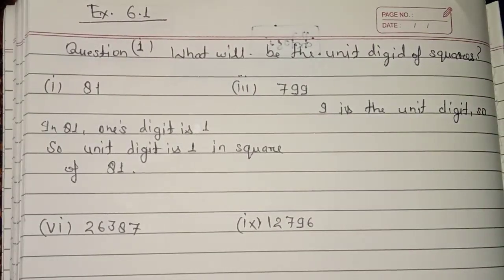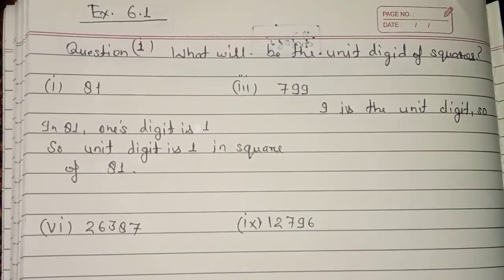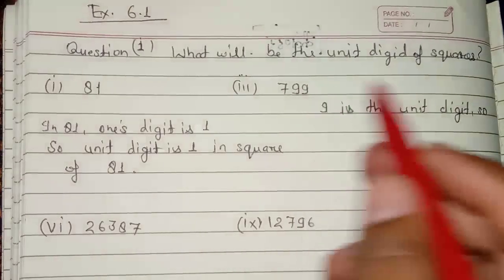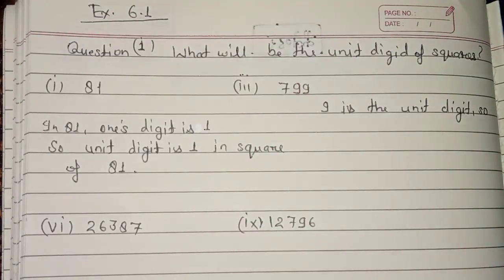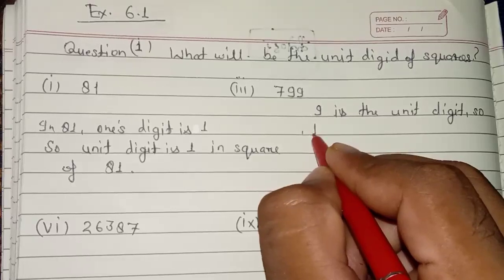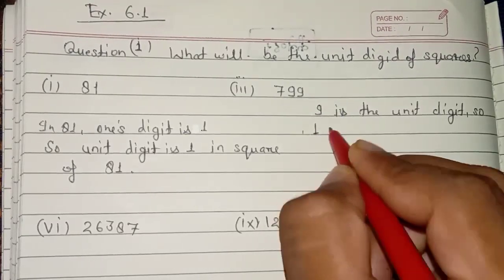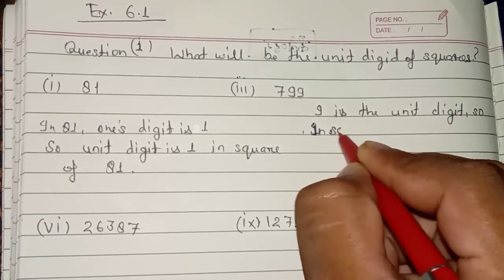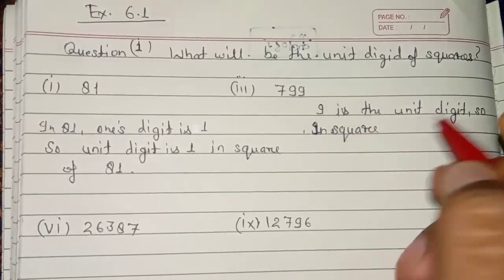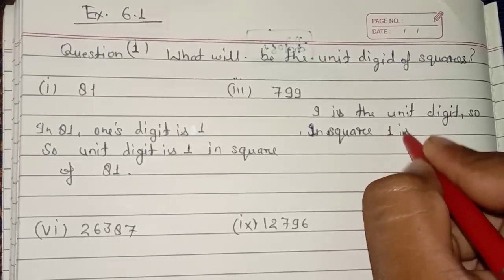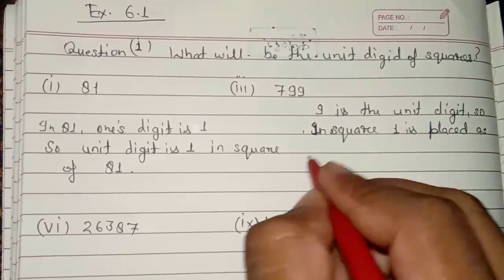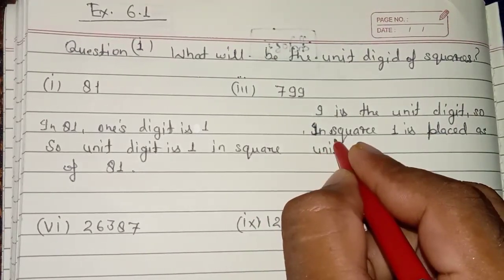If 9 is the unit digit, we know that when 9 is given as unit digit, the square of the number keeps 1 as unit digit, because 9 nines are 81 and in 81, 1 is the unit digit. So here write 1. So in square, 1 is placed as unit digit.